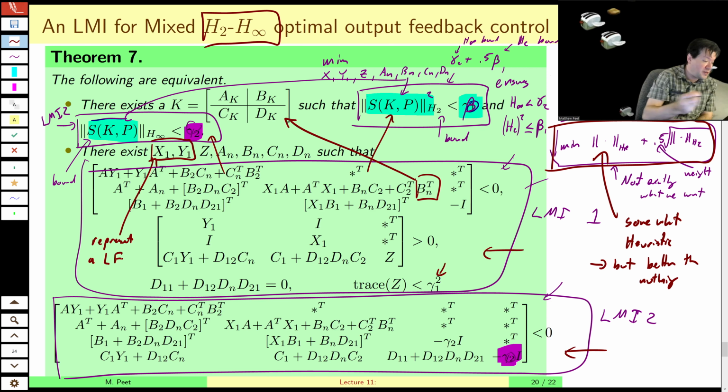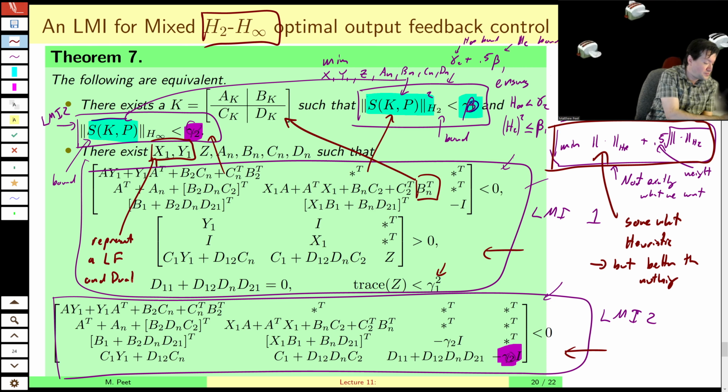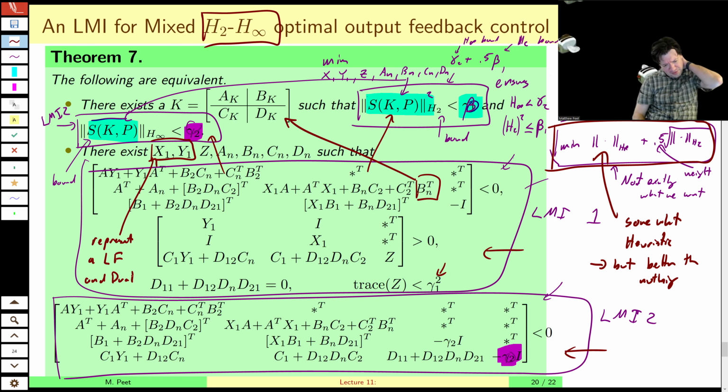Just part of a Liapunov function, mind you, just that 1-1 block and the 1-1 block of the dual Liapunov function. And what do Liapunov functions, well, think back to Liapunov functions. Liapunov functions are a measure of a system property. Every system property has its own Liapunov function.